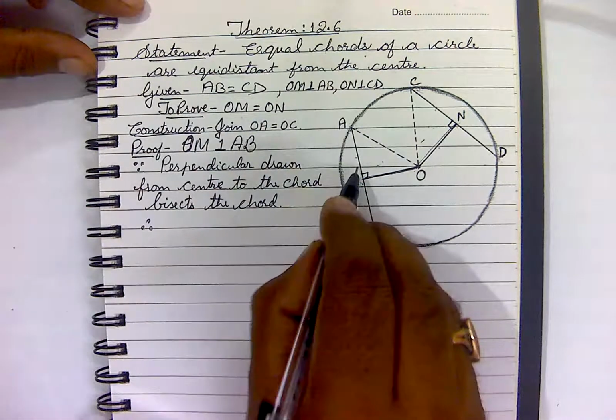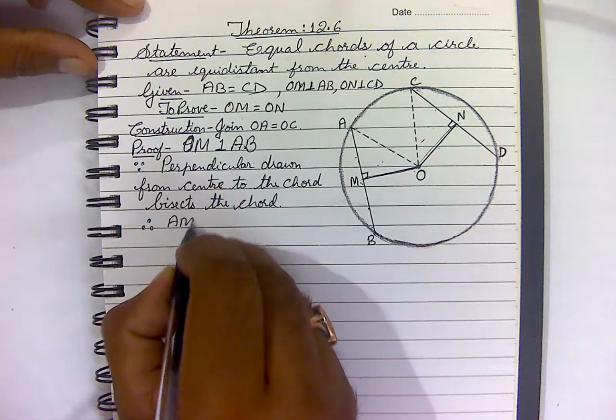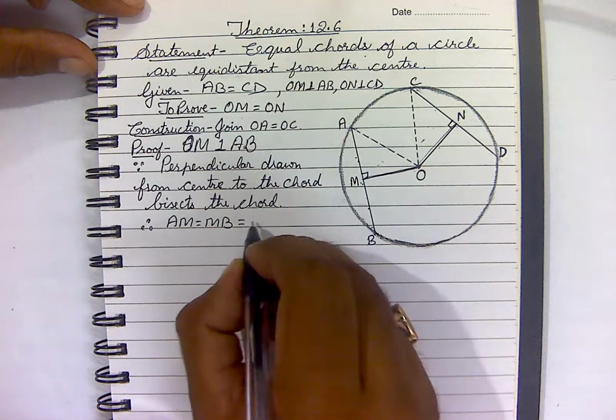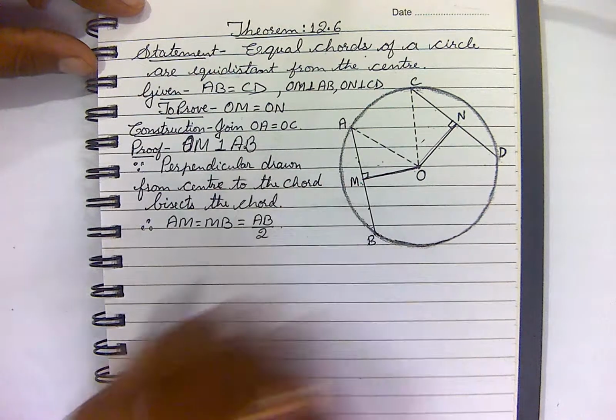Therefore, AM and MB are equal, and they are half of AB.